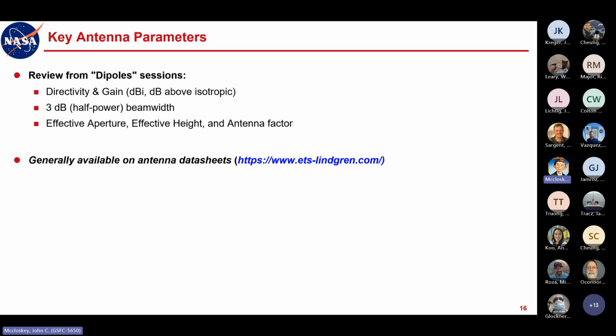It's just enough to be able to apply this stuff to EMI testing. But we'll talk about directivity and gain, 3 dB or half power beam width, and then effective aperture, effective height, and antenna factor. These parameters are generally available on antenna data sheets, certainly for EMI test antennas. So the ETS-Lindgren website has the data sheets for all these antennas here.